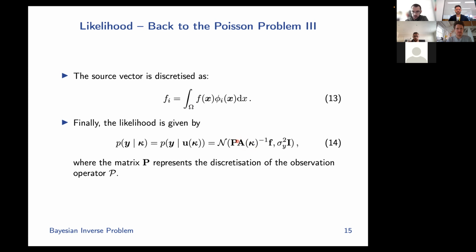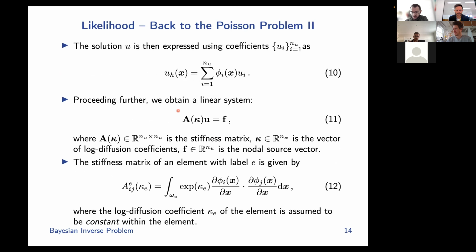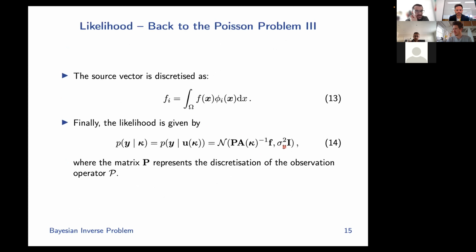The solution of the PDE is the solution of this linear system, AU = F. And then we assumed Gaussian noise, so we have the diagonal covariance matrix because the noise components are uncorrelated.